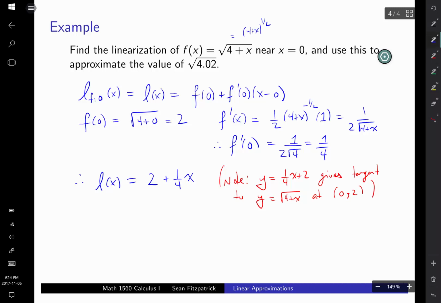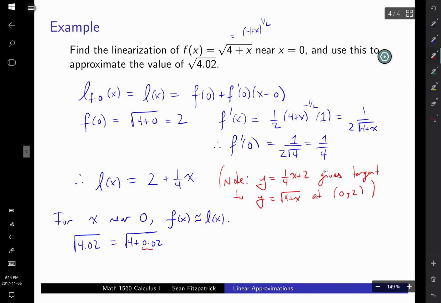Now, what about the approximation here? For the approximation, we use the fact that for x near 0, f of x is approximately L of x. And so we notice that the square root of 4.02 is the square root of 4 plus 0.02.